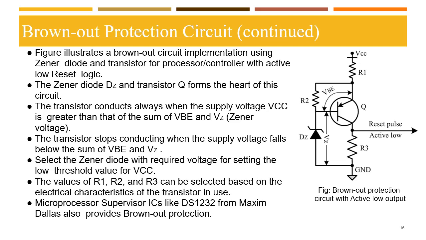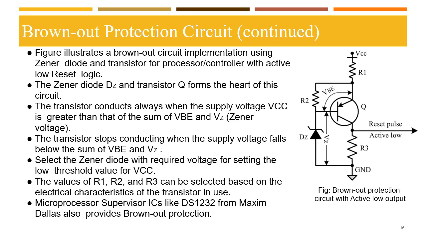The transistor conducts only when the supply voltage VCC is greater than the sum of the voltages VBE and VZ, that is the base to emitter voltage and the Zener diode voltage. The transistor stops conducting when the supply voltage falls below the sum of these two voltages.